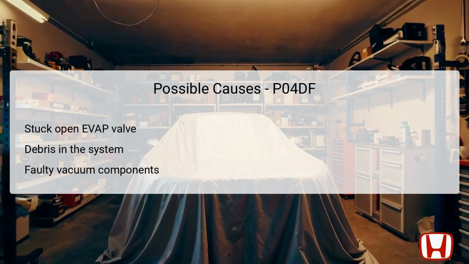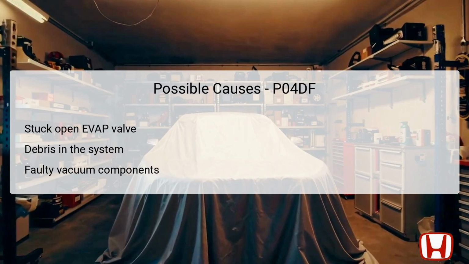Several factors can lead to the triggering of DTC P04DF. A primary cause is a stuck open condition in the EVAP canister purge valve itself, which may not be fully closing as intended. Additionally, debris may have entered the valve or vacuum lines, obstructing proper function and leading to incorrect readings and conditions.